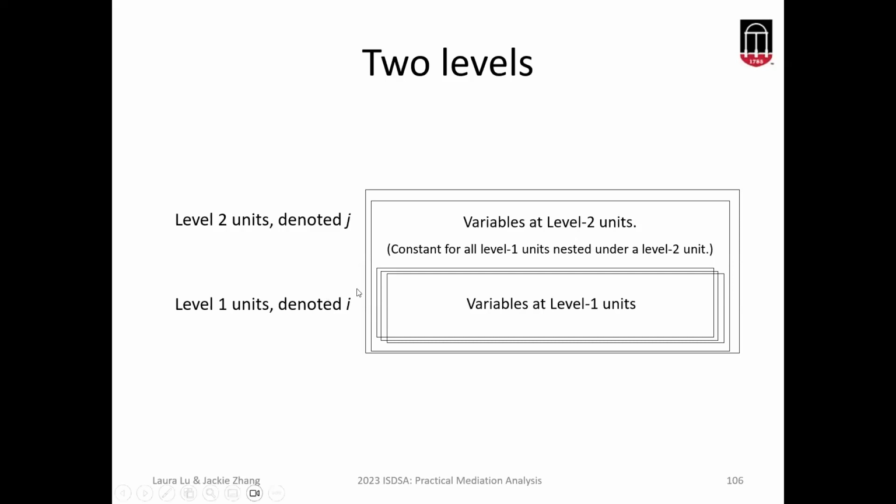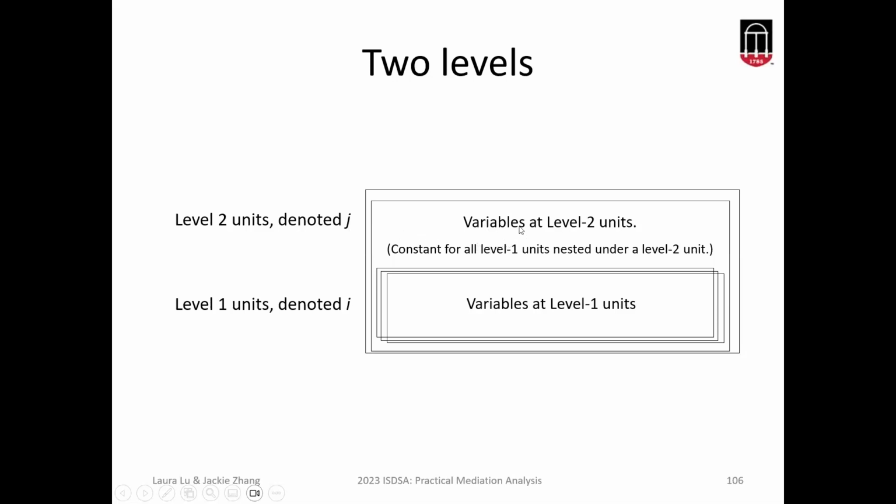Let's look at a really simple mediation, including two levels. We have level 1 and level 2. For variables at level 1, we use i to show, for example, the individual at level 1. Then we have a higher level at level 2, so we use j to denote the higher level unit.